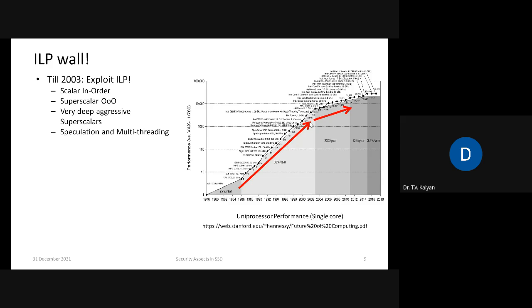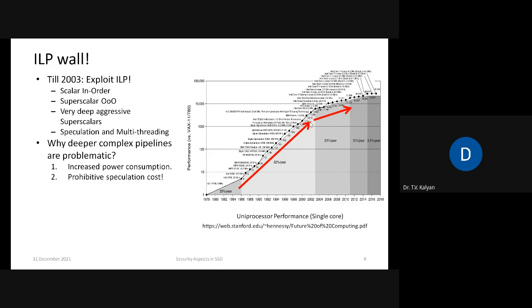Following that, we deployed speculation and multi-threading, and overall a big complex superscalar was deployed. The classic example for that is the Pentium 4, right? But because we were not able to continue the cooling aspect, we had to drop such complex circuitry.